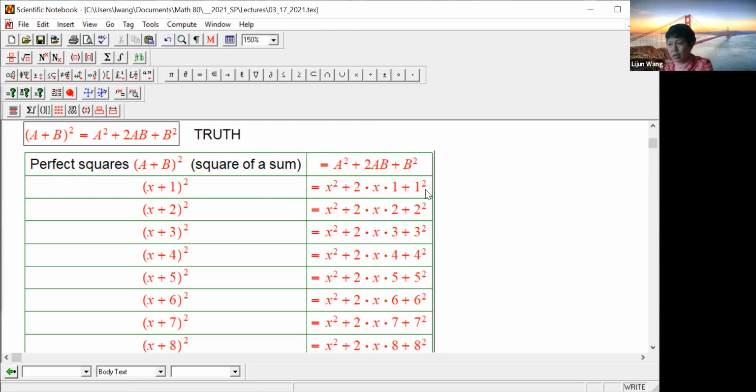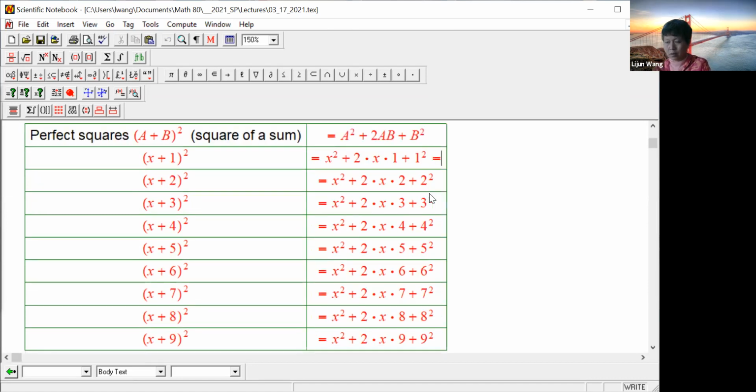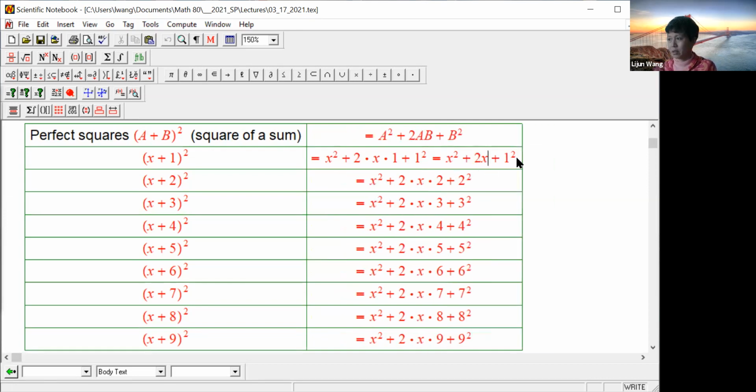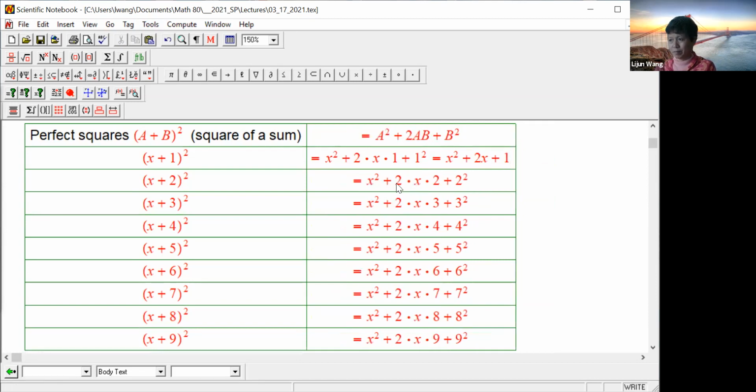This is x squared plus 2x plus 1: 2 times x times 1 is 2x, and 1 squared is 1. 2 times x times 2 is going to be 4x, and 2 squared is 4. I'm going to keep that.